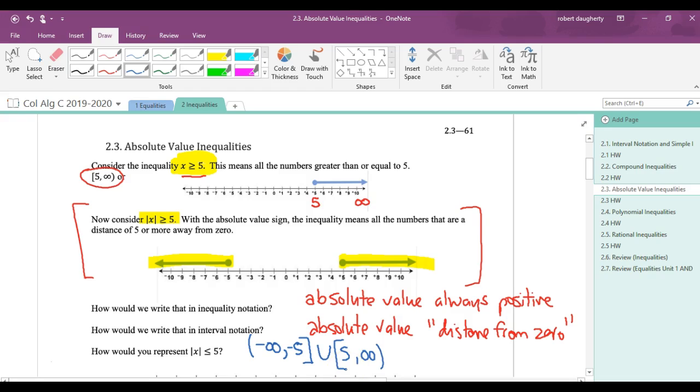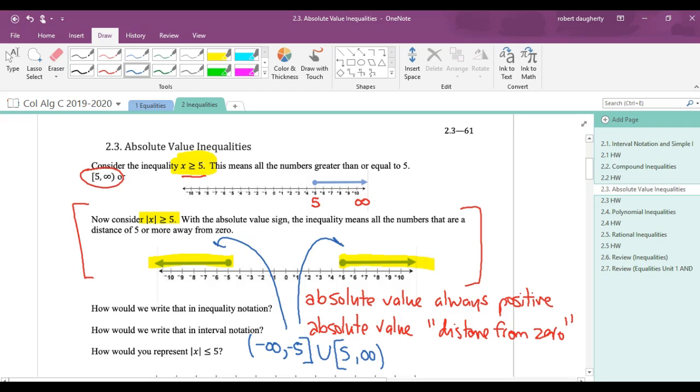So this is the answer that represents this solution, okay? So just by putting absolute value of x greater than or equal to 5, I get 2 intervals that are there, okay? Now, I'm not going to write this in inequality because I'm really only interested in interval notation, okay?